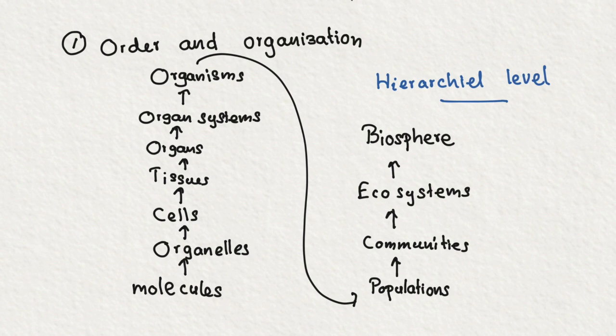Then we will go to the second characteristic, metabolism. Metabolism is the total of all the chemical activities taking place in an organism, all the cellular activities. So we can include all catabolic reactions and anabolic reactions.